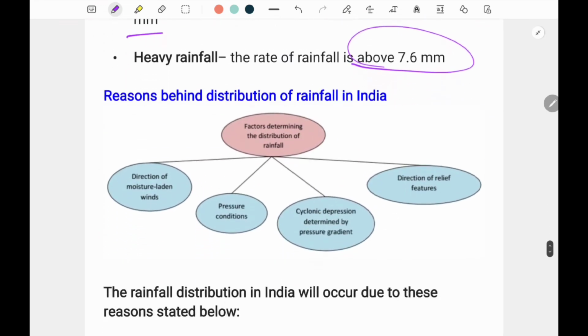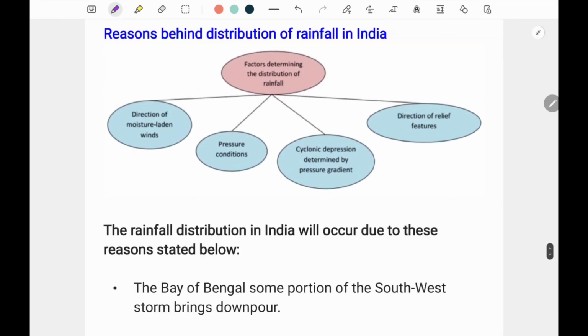So, reasons behind distribution of rainfall in India. First, direction of moisture laden winds. Winds are coming from the Madagascar area, Indian Ocean area. In what direction they are coming and in what intensity, that is the direction of moisture laden wind. Second, pressure conditions, how the pressure is, whether the system is clearly developed from high pressure to low pressure or not.